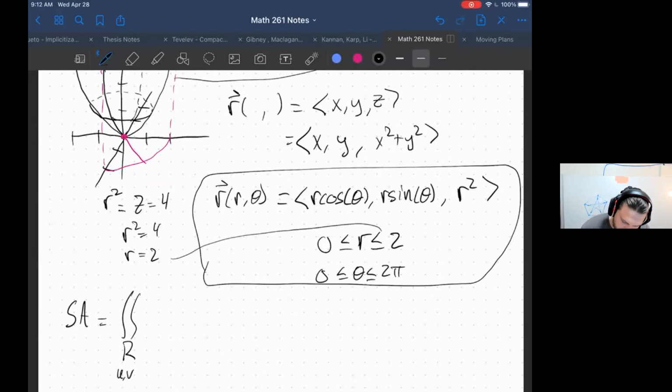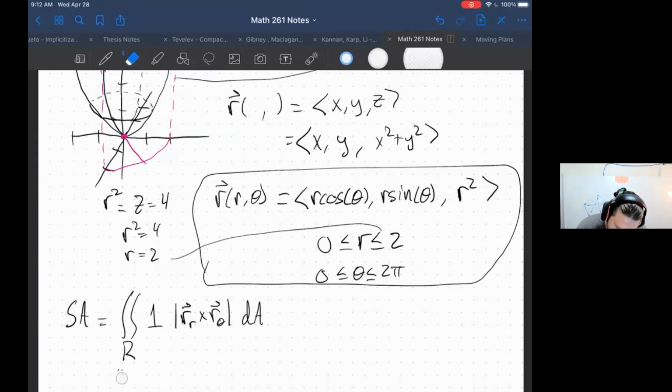Just write that down there just to remind ourselves. Surface area, volume, area, all that stuff, we're integrating the function 1. And then we have the cross product of the two partial derivatives, or the magnitude of that. I'm going to write dA, but this should be a dr d theta.